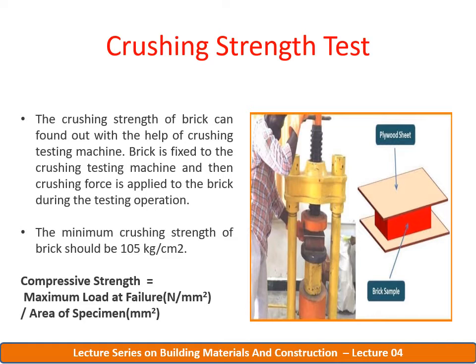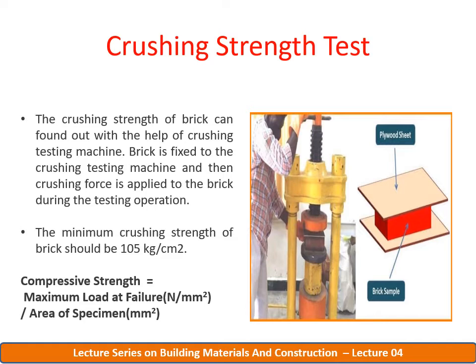In this test, a well-burnt clay brick is selected. The top and bottom faces of the brick are ground to provide a smooth and even surface for the test. The brick sample is placed in water at room temperature.